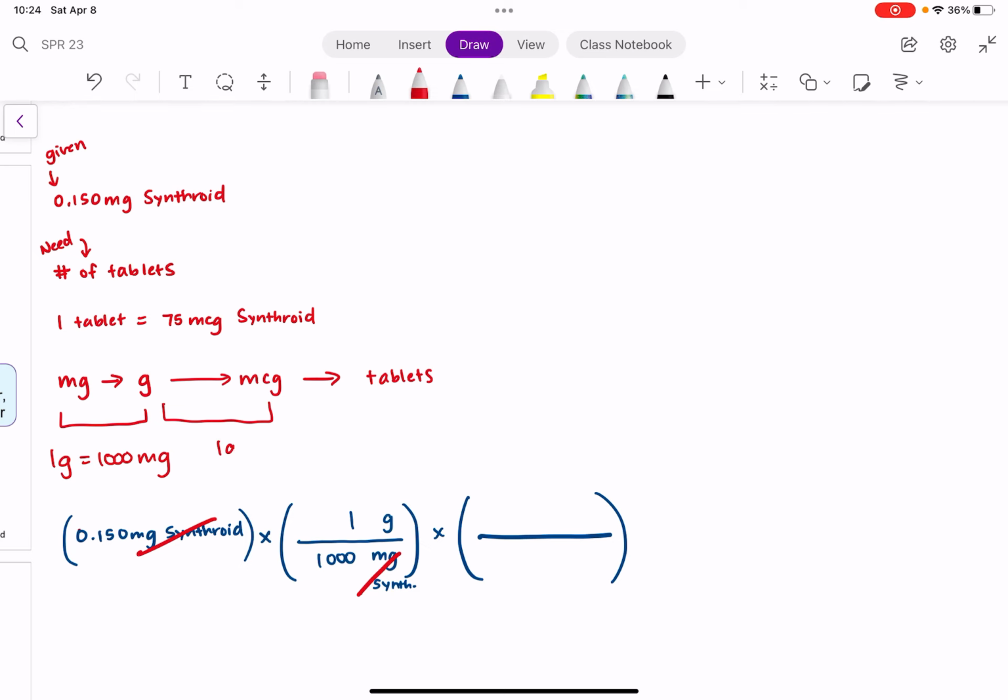Grams are still bigger, so 1 gram equals how many micrograms? 10 to the 6 micrograms. You could also think of it as a million, right? So 1,000,000 micrograms are in 1 gram. And I got that from my metric system table.